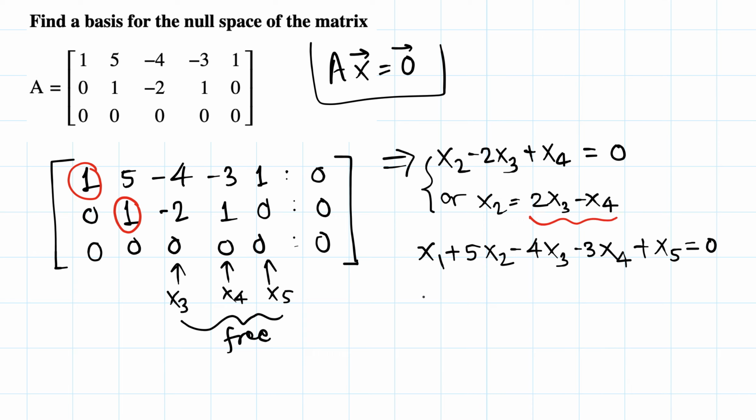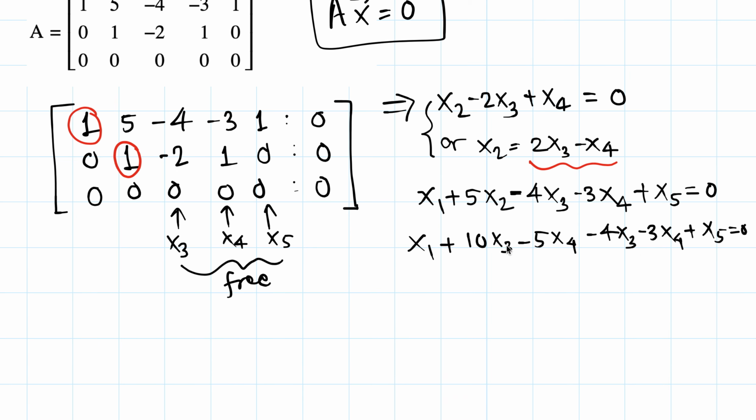So let me write it this way. x1 plus 5 times x2 is this. Let's distribute 5, so we can skip one step that way. 5 times 2x3 is 10x3, minus 5x4. Then we got minus 4x3 minus 3x4 plus x5 equals 0.